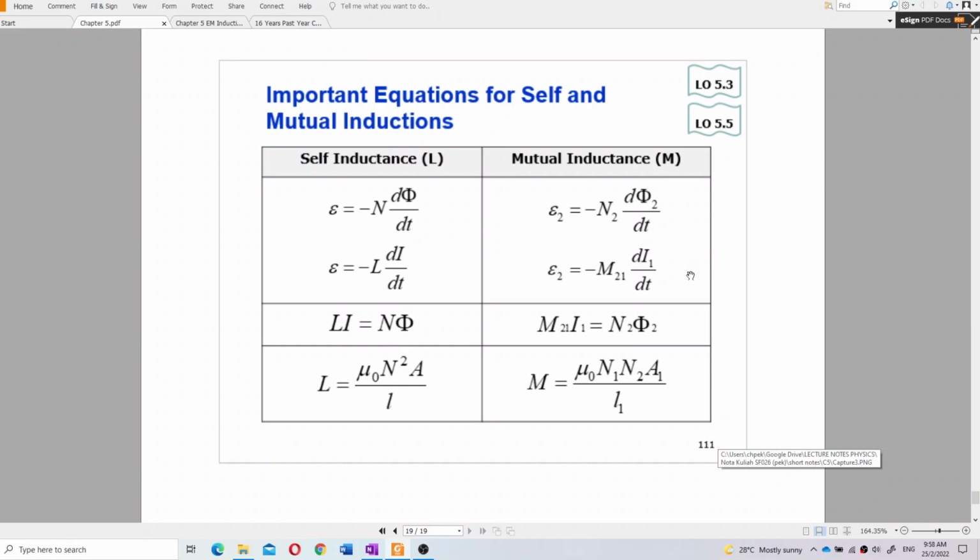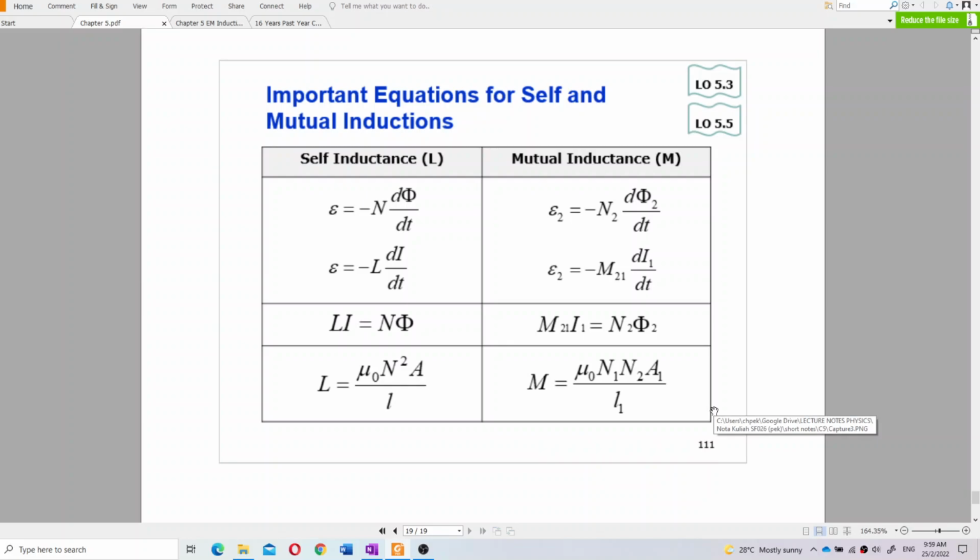This EMF in coil 2 is produced because of the change of current in coil 1, while this one happens in the same coil. The explanation of self-induction and mutual induction I already gave in my classroom teaching video, so just refer to my lecture video.